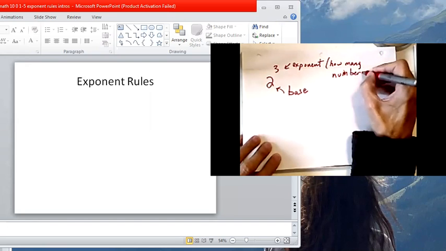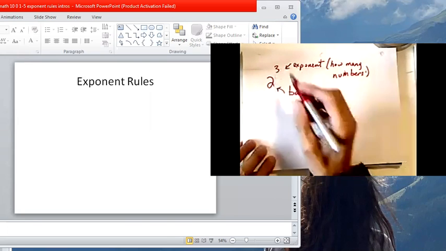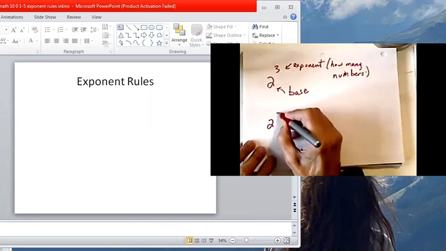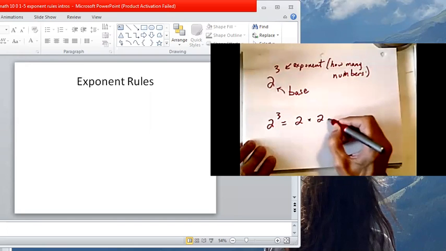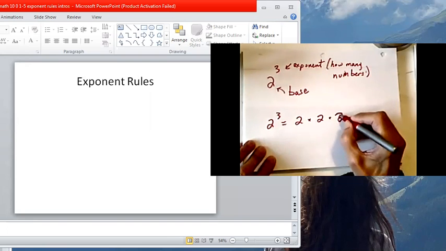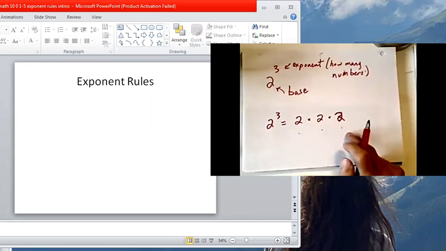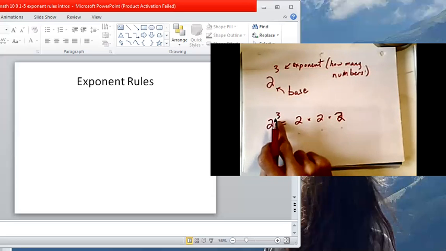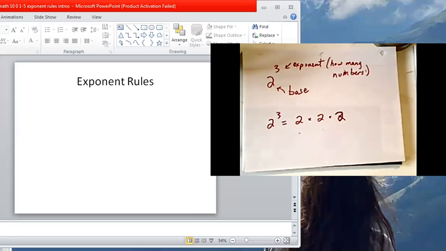So 2 to the power of 3 means we have 1, 2, 3 2's multiplied together. 3 for the exponent, 1, 2, 3 2's like that.